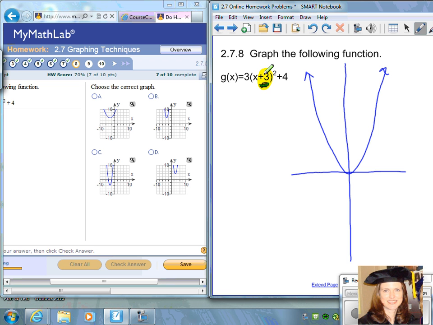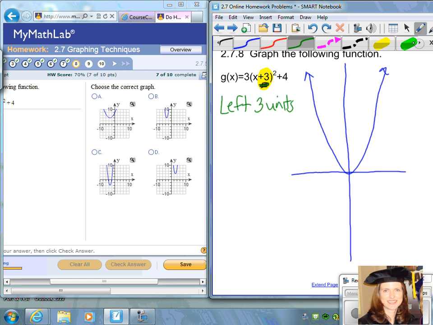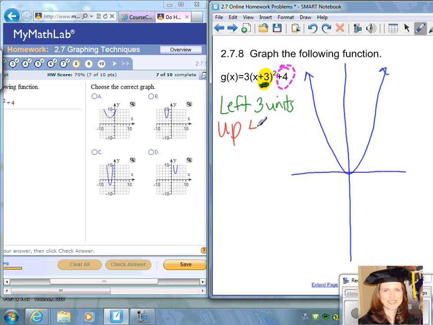The plus 3 would indicate that the graph has been transformed by moving that basic graph to the left 3 units. The next part, the plus 4, would indicate that the graph has been shifted up 4 units.